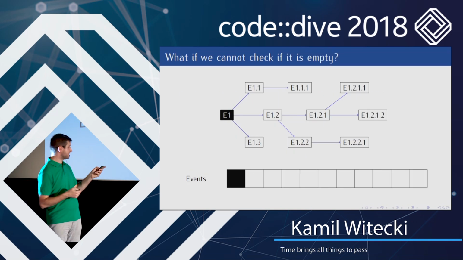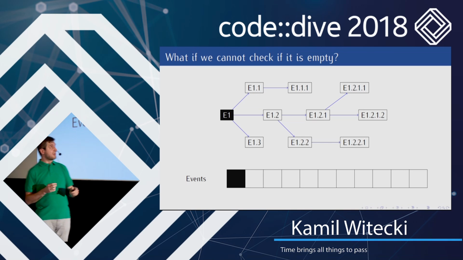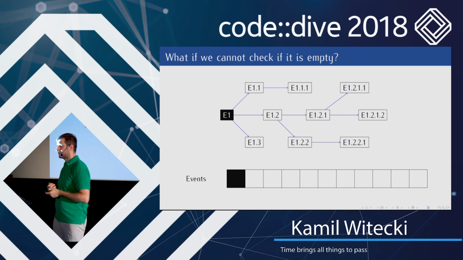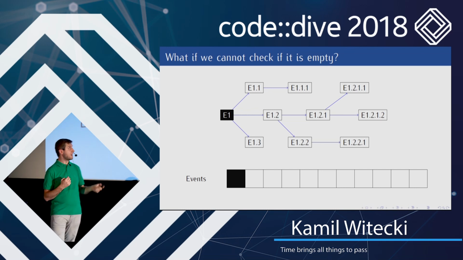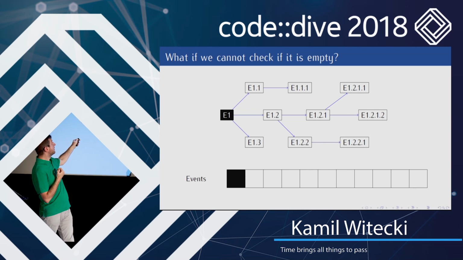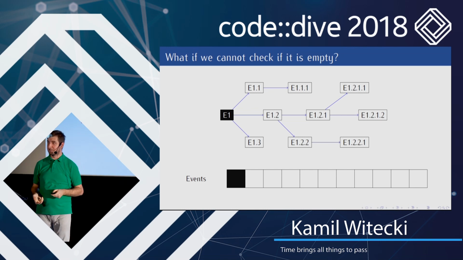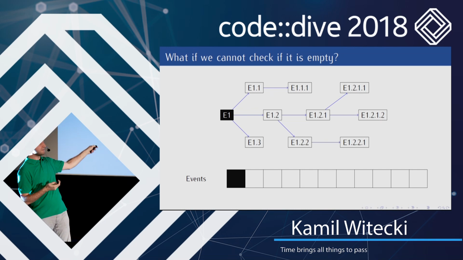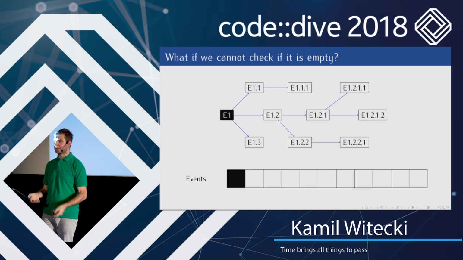So we'll have this kind of simple example. We'll have the directed acyclic graph, a little bit more complicated than before, but not much. And what we can see here is that we have some event, it's in black, and this event is the event that is currently executed. The white events are the ones that were not discovered yet.